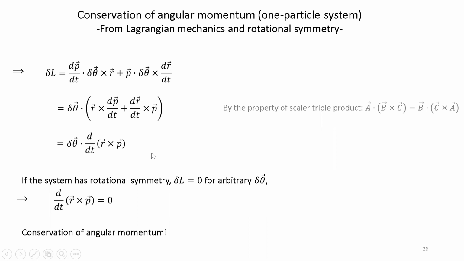If delta L is 0 no matter what kind of delta theta you give me, then this second term by itself must be 0. So d dt of the angular momentum must be 0, and that is the conservation of angular momentum. This is how rotational symmetry gives rise to the conservation of angular momentum.